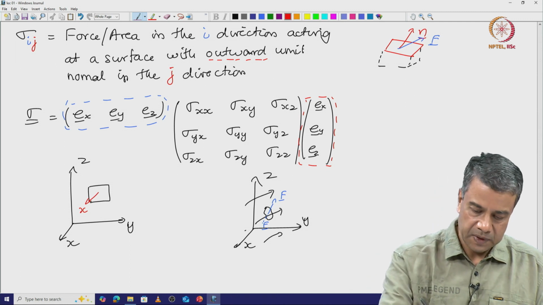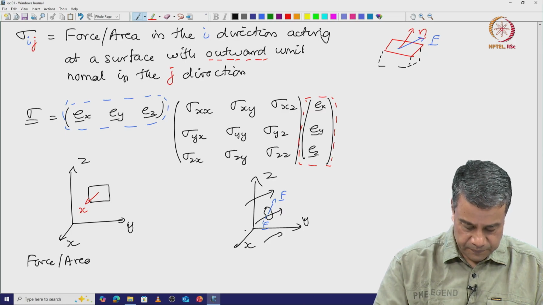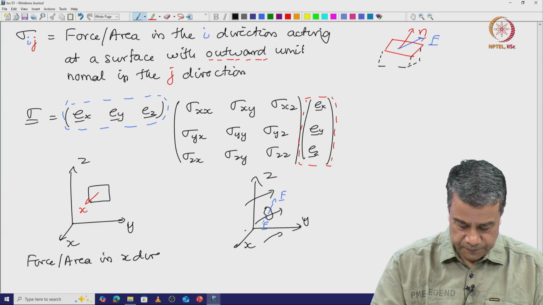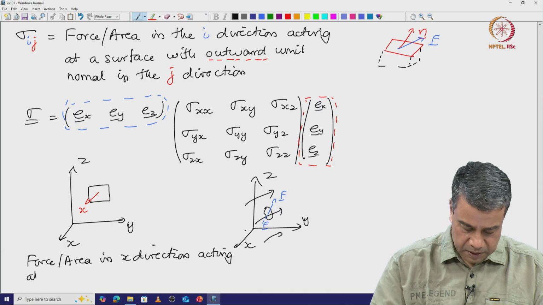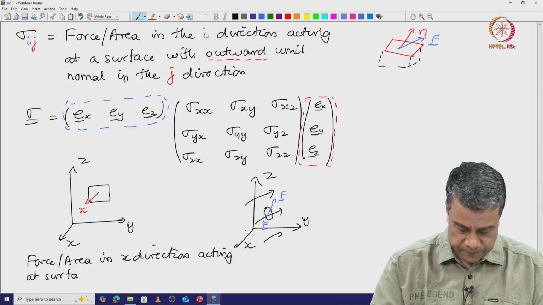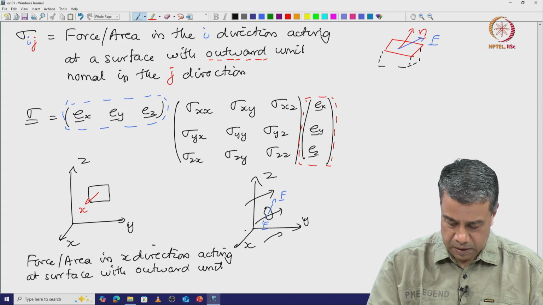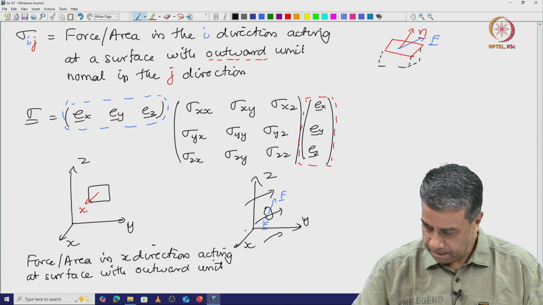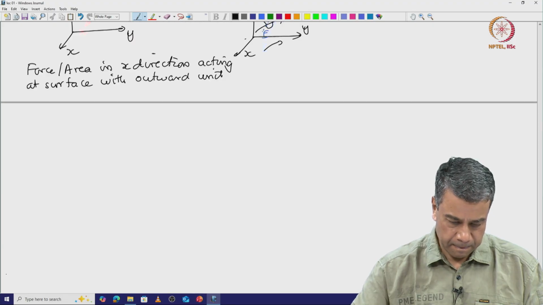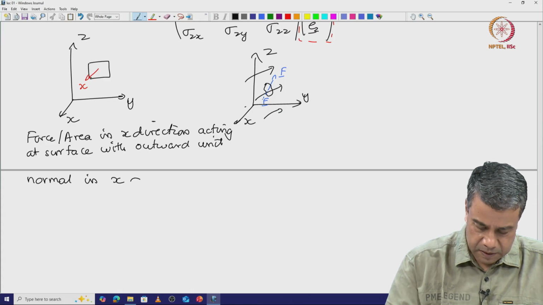So, the force per unit area in the x direction acting at a surface with outward unit normal in the x direction.